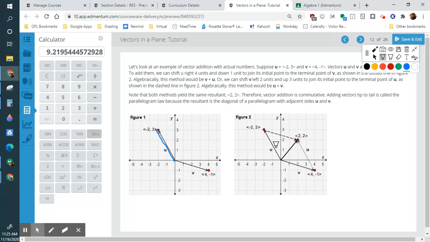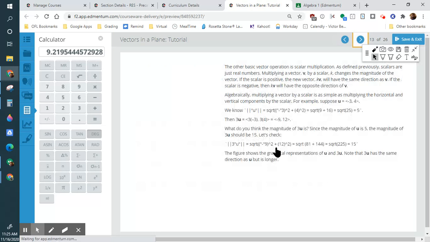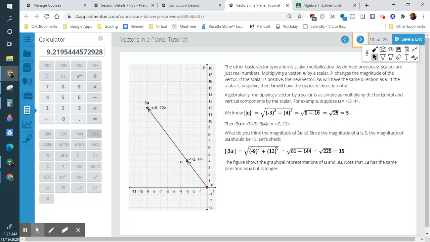We are still adding vectors. So you're going to do stuff like this. So your resulting vector will be here. So this is adding them. It just so happens that they're going in opposite directions. So this is still just a review on vector addition. Go on to the next one.